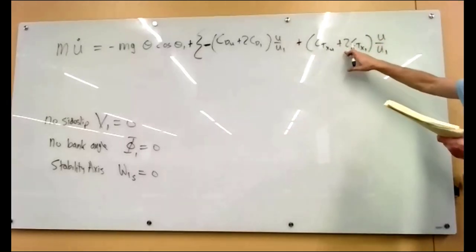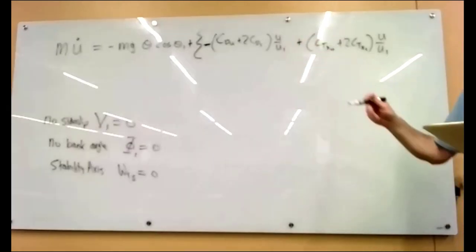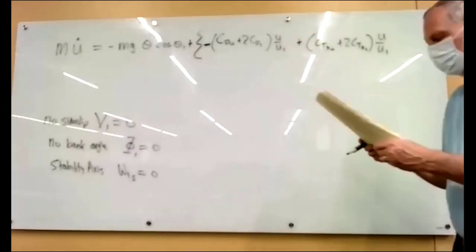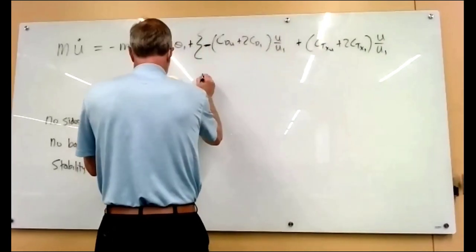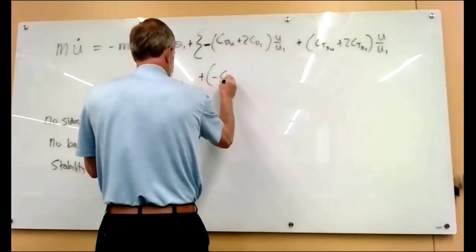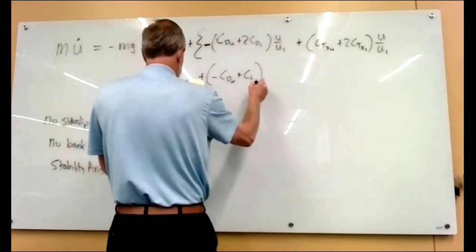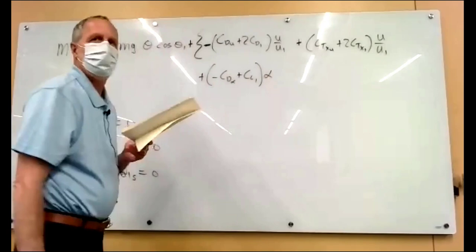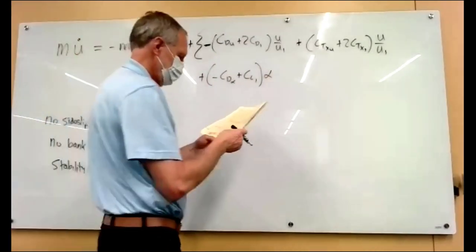This is the thrust X force times U over U1. And I put this in here because I want to keep the U's together. And then we've got the drag term. And this multiplies to alpha. So again, I'm just copying from those equations, that matrix.